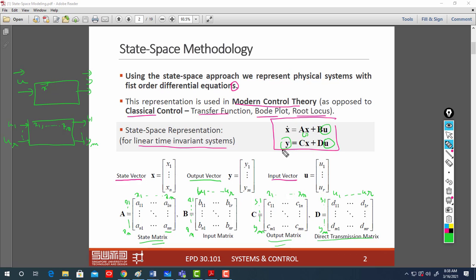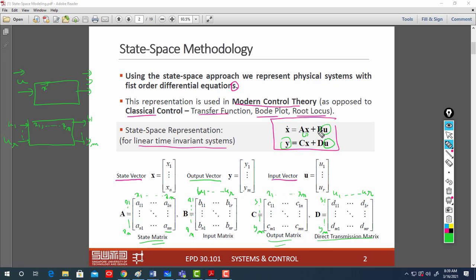And C is the output matrix. C, physically speaking, represents more the sensor dynamics and so on. It's the dynamics at the output. And B represents more the actuator dynamics, if you are including all of this in your system.